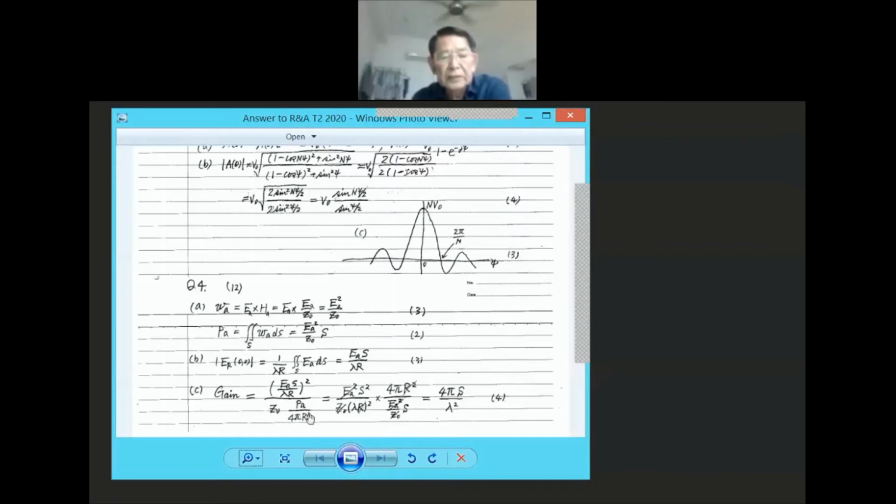The distance is large R. 4 pi R squared is the surface area of the sphere, divided by the surface of the antenna power. Then this is unit power density. And this part is this square.